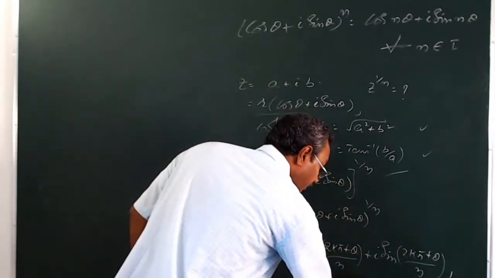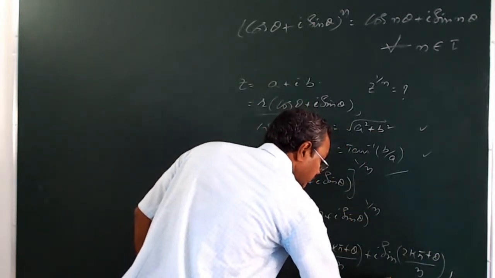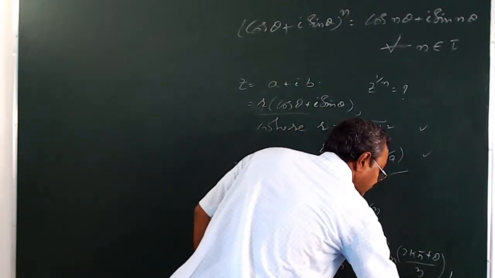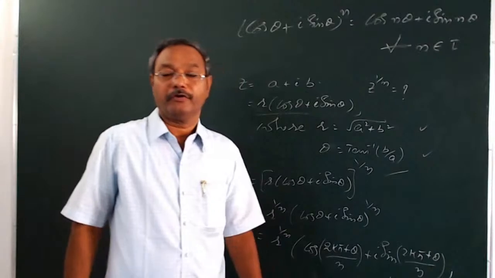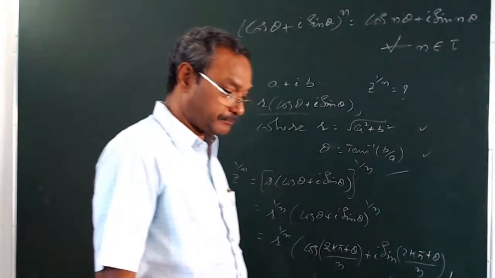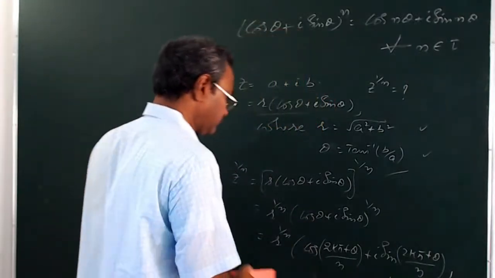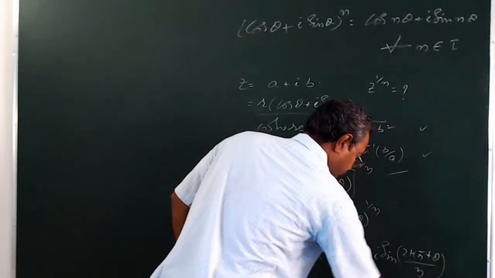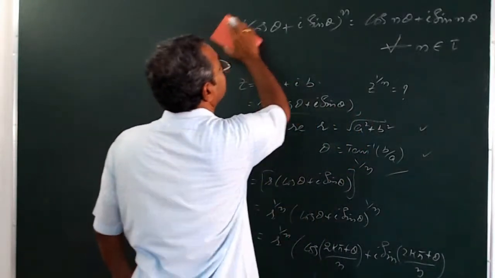where k can take the values 0, 1, 2, 3, etc. up to n minus 1. Maybe it's not visible to you on the board, so I am writing somewhere.